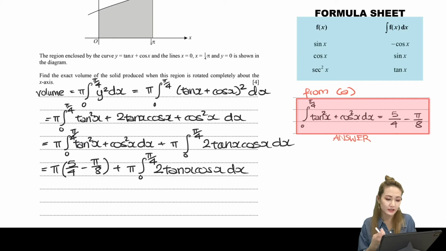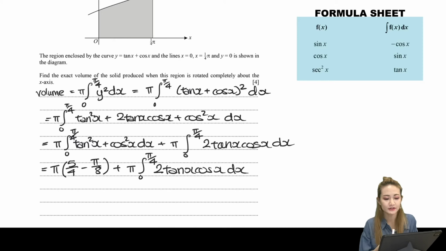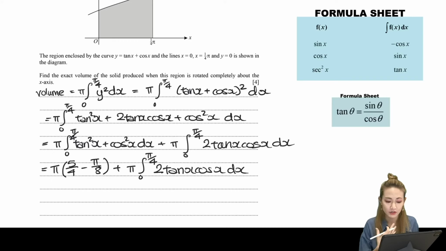When you cannot integrate trigonometry, you need to use the identities to turn it into some form that you can integrate. We want to turn it into sine x, cos x, or sec squared x. One of the most commonly used identities for tan x is that tan x equals sine x over cos x.